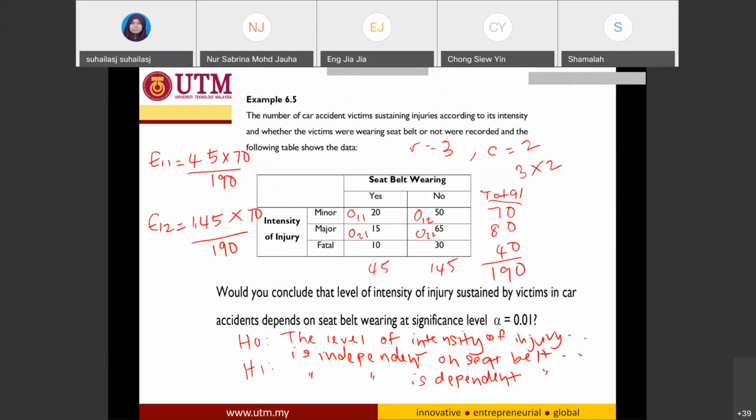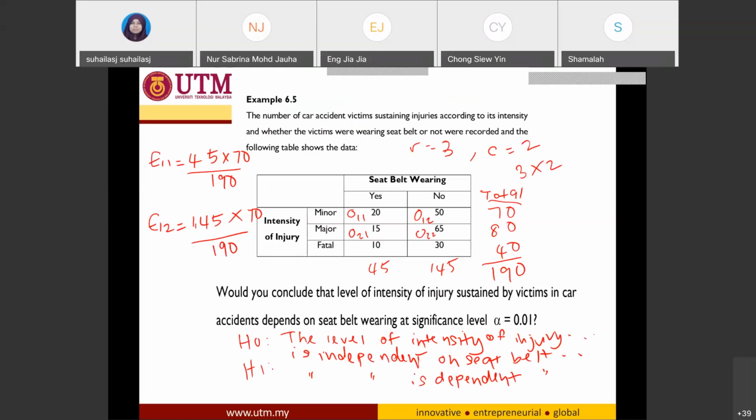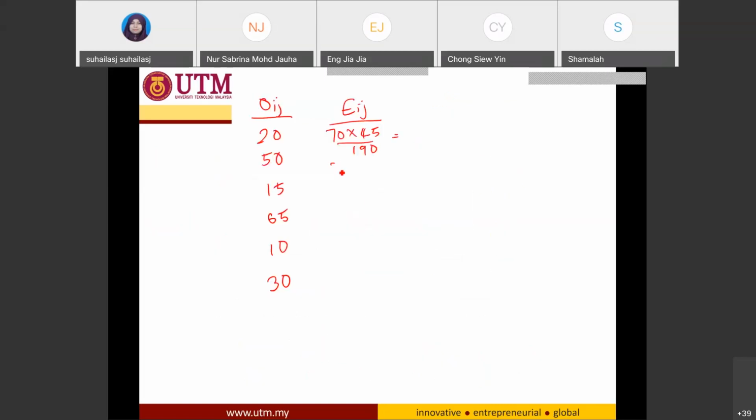E11, you have 70 times 45 divided by 190. So get the value. What is the value? And then you have E12, for 50. So again, 70 times 145 divided by 190. The third cell should be for 15.